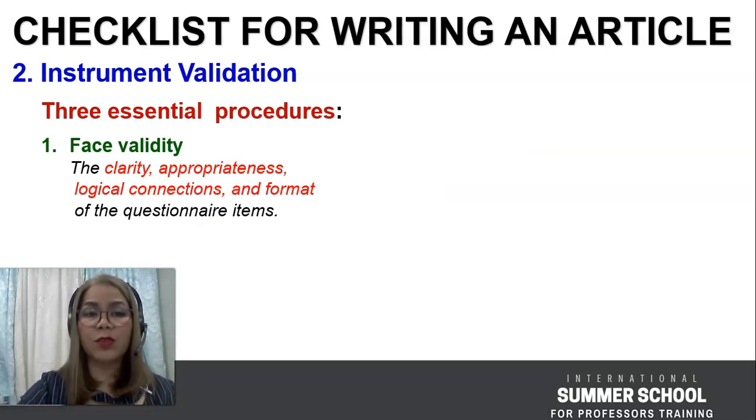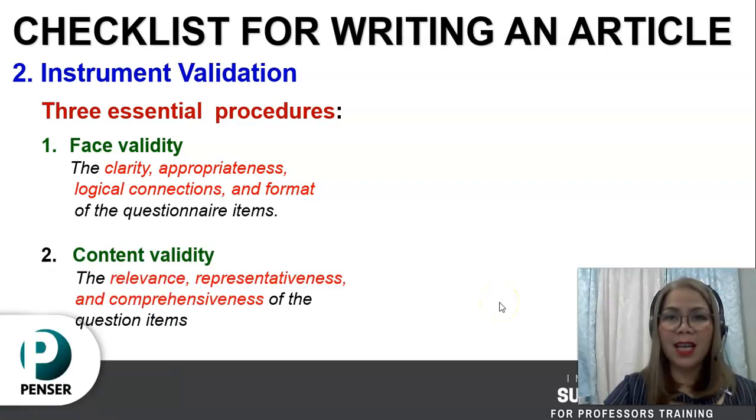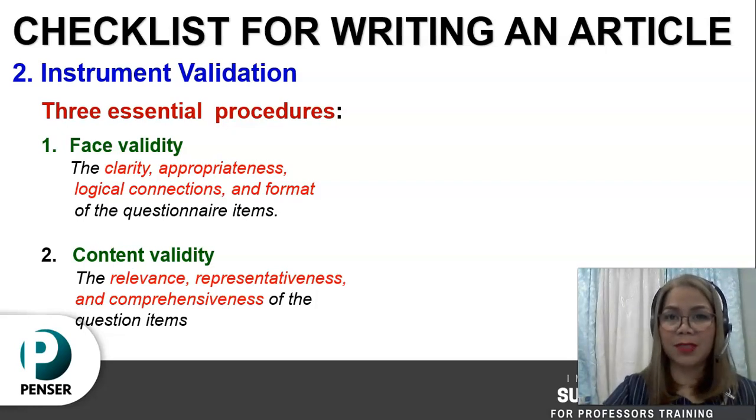Face validity refers to the clarity, the appropriateness, the logical connections, and the format of the questionnaire items. Meanwhile, content validity refers to the relevance, representativeness, and comprehensiveness of the question items.